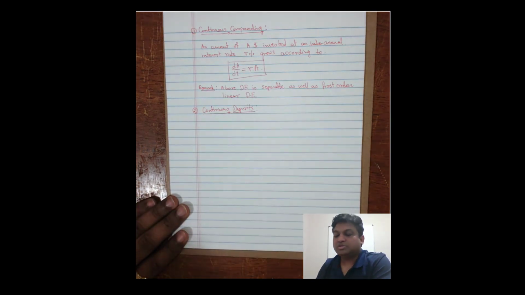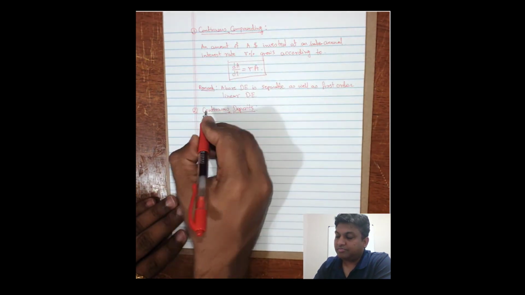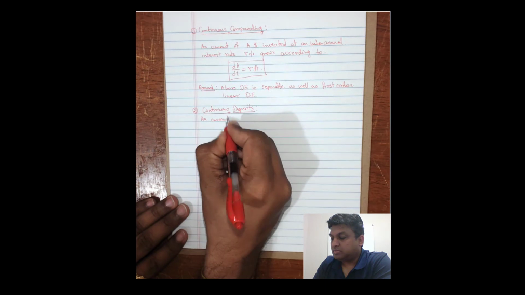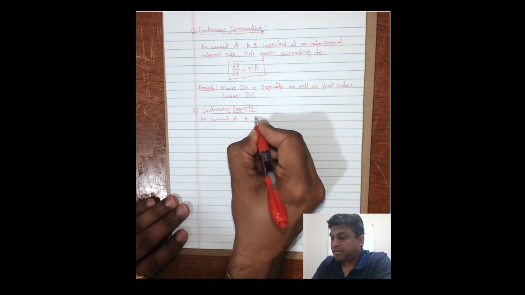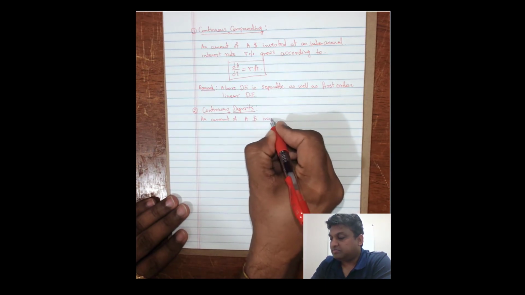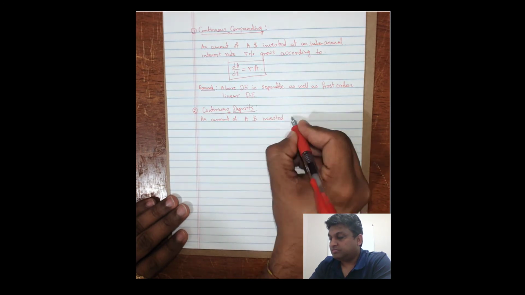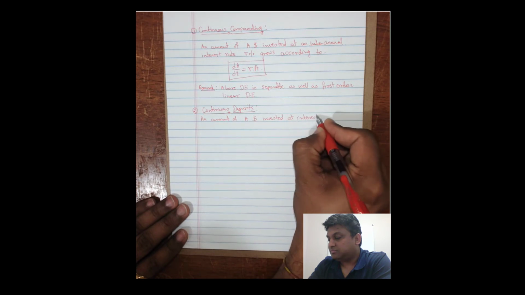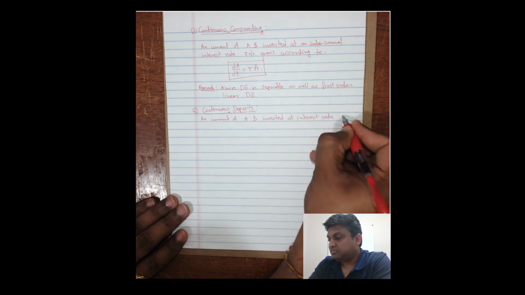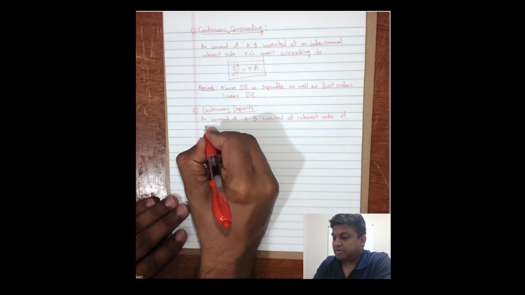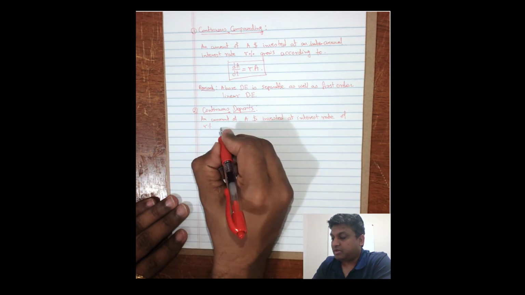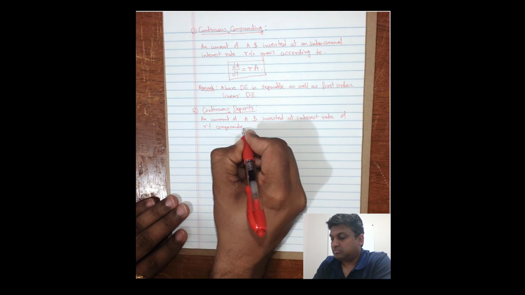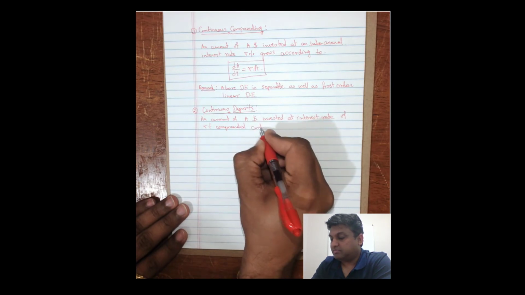Suppose we have this situation: an amount of $1 invested at an interest rate of R% compounded continuously.